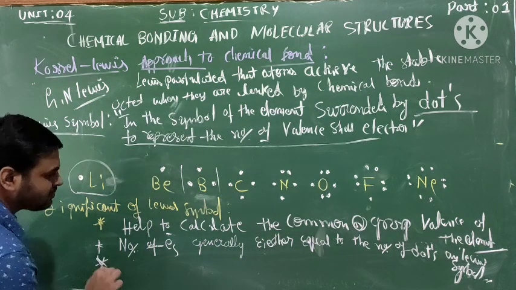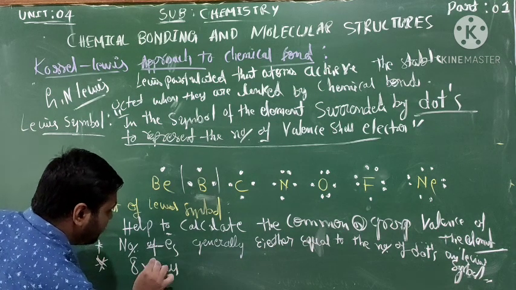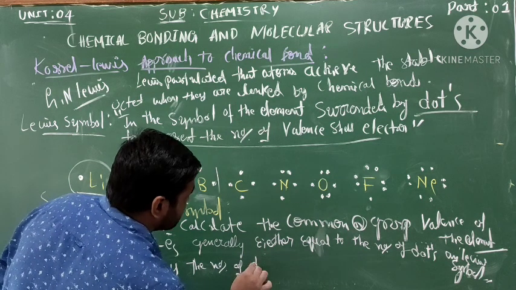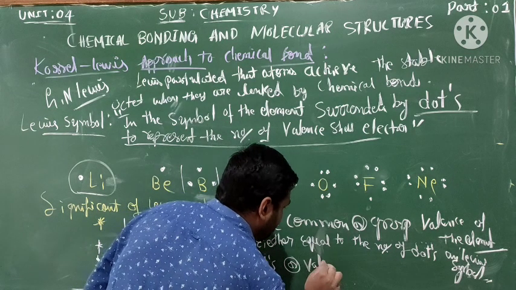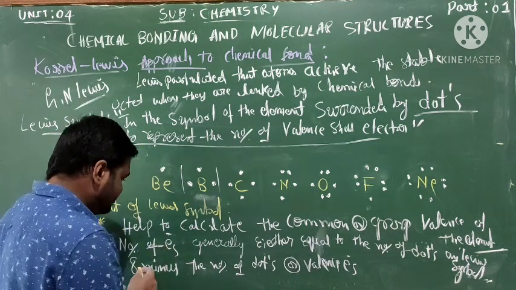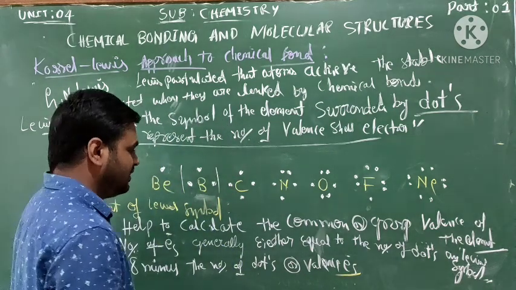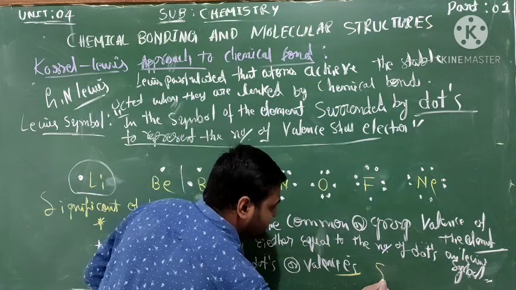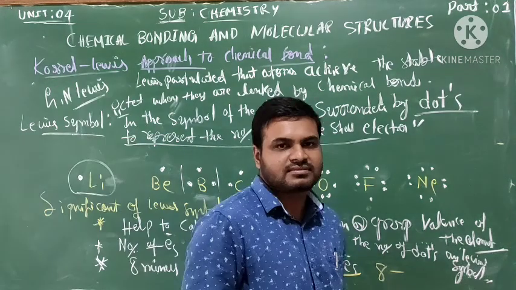And the third one is either 8 minus the number of dots or valence electrons. When you consider this type of significance, 8 minus the number of dots, see here that the maximum bond capacity is 4.